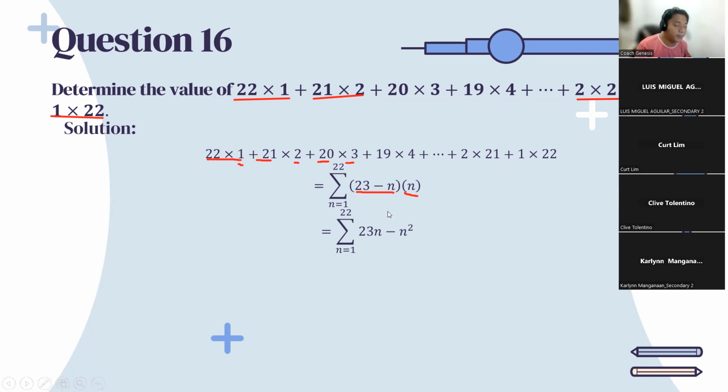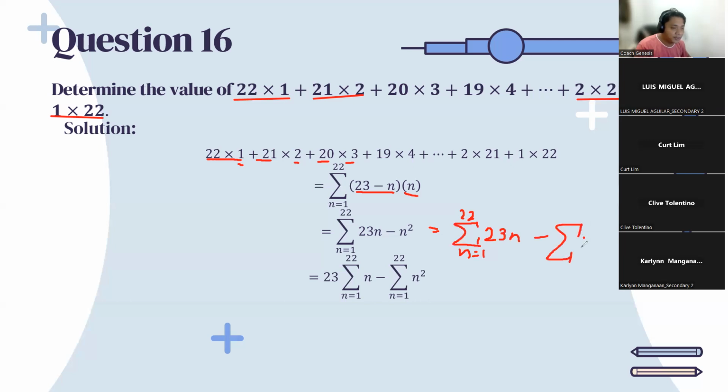That is one property of the summation. So this can be equal to the summation of 23n, n equal to 1 to 22, minus the summation of n squared from n equal to 1 to 22.